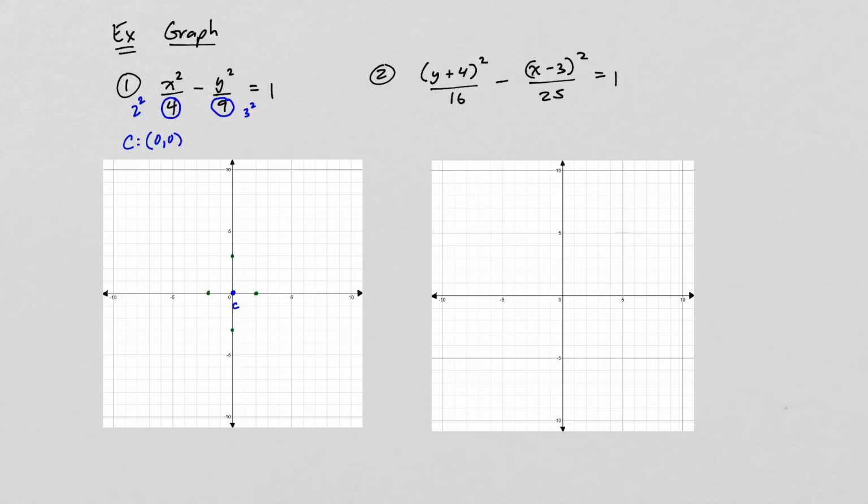Now, if this is an ellipse, what you do, of course, is you draw your oval and you're done. But this is not an ellipse. This is a hyperbola because we have a minus sign here. So the next thing you do is you create a rectangle, a dotted rectangle, using those 4 points that we just got.